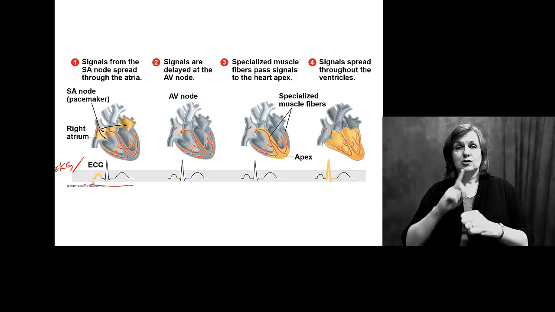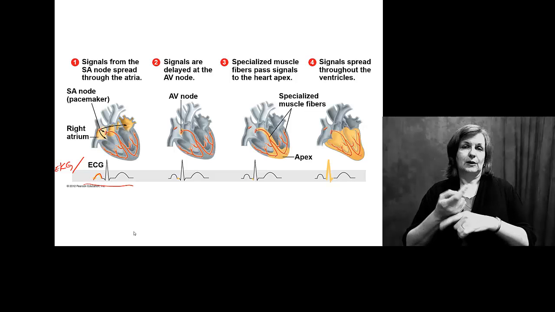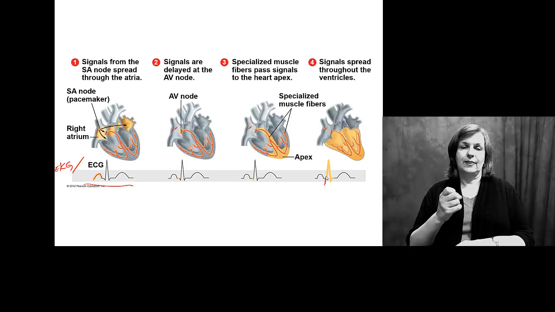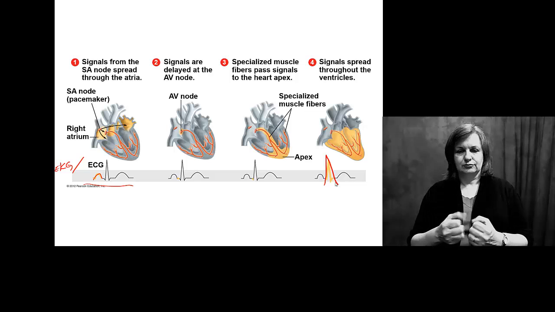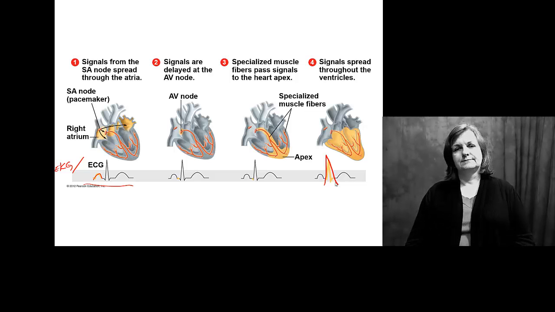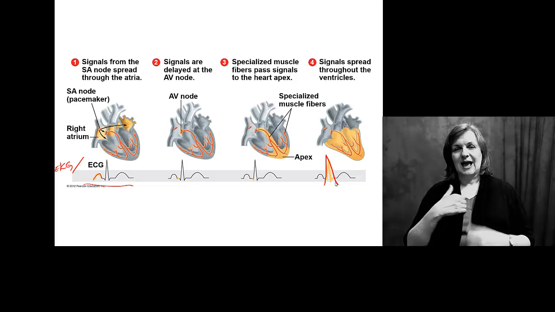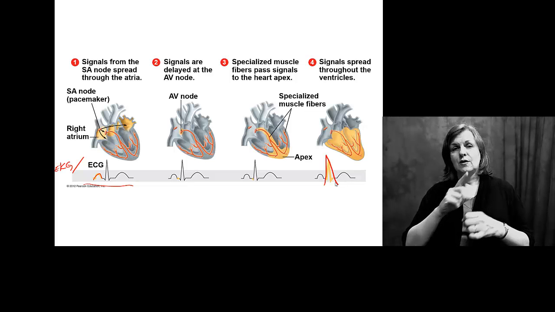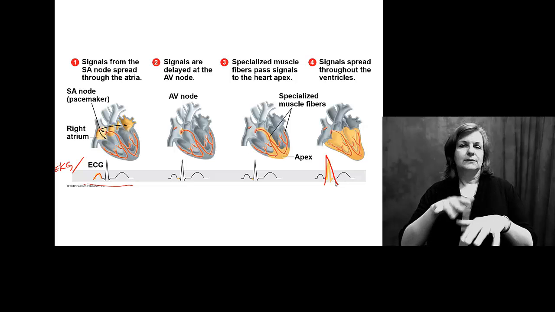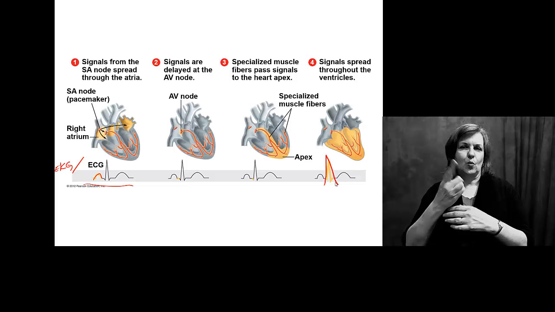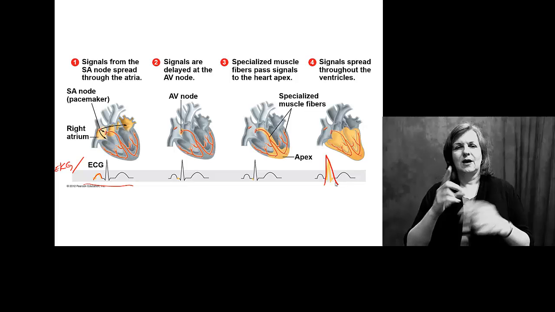So you see a little spike here when the atria contract, and then over here you see a giant spike when the ventricles contract. And this process happens over and over and over again to make sure that your heart is staying in rhythm and that everything is beating properly.